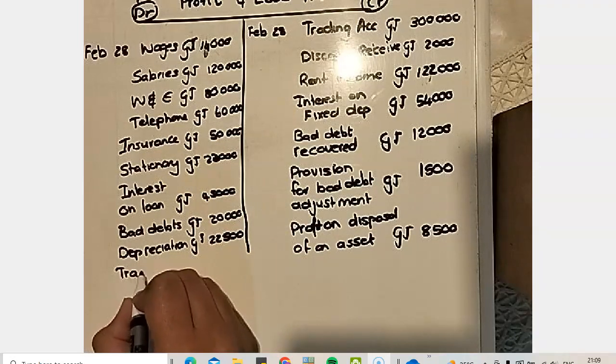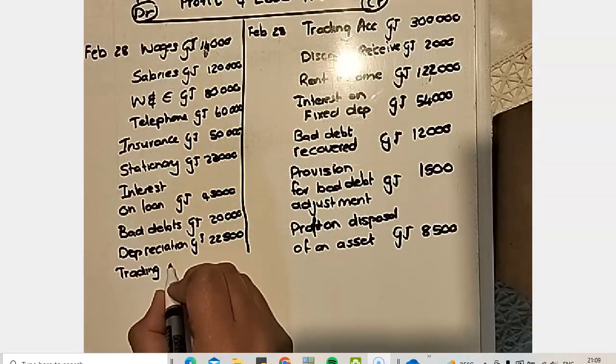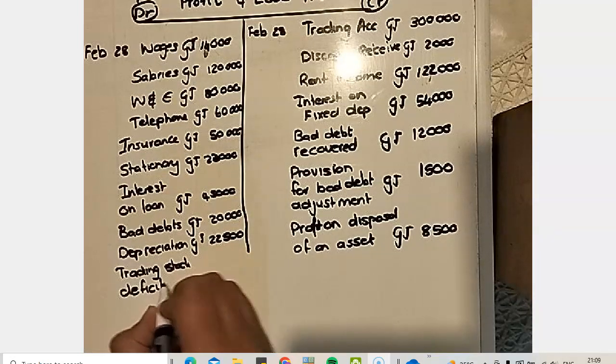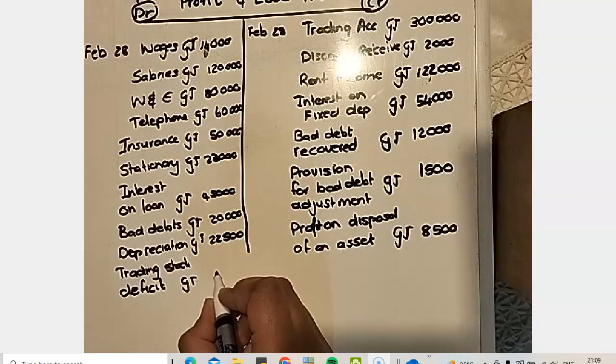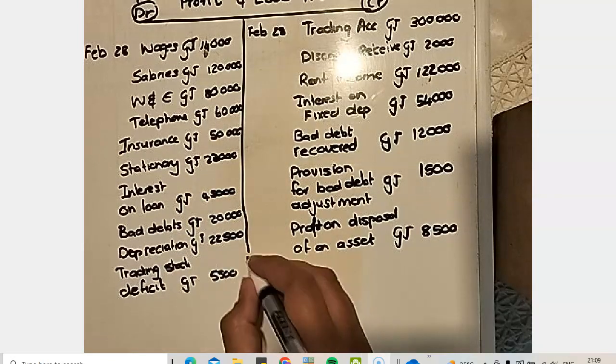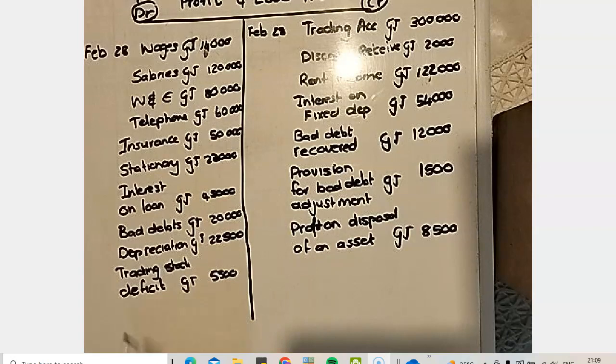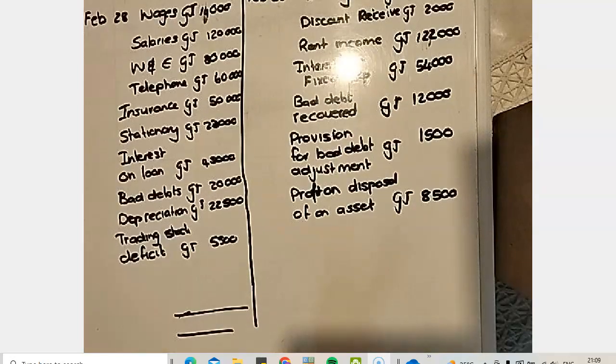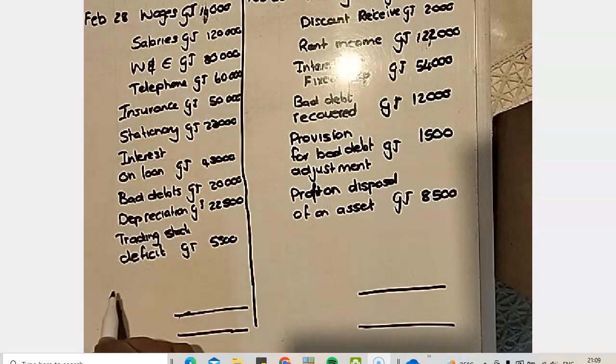Trading stock deficit, and that will be 5,500. And now the next part. Your profit and loss account also has to balance. You have to add up the debit and the credit side. And then the balance you get between the two will be moved to your appropriation account.